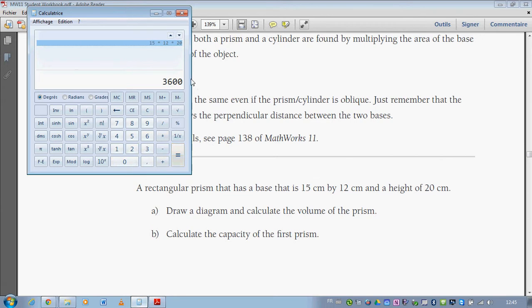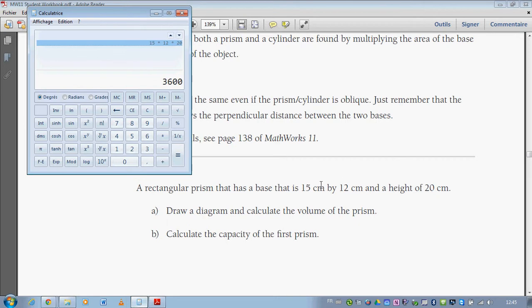I'll have you notice that when we did 15 times 12, it's got a base that's 15 centimeters by 12 centimeters. By multiplying 15 by 12, you actually just figured out the area of the base, and then you took the area of that base and multiplied it by the height of the prism.